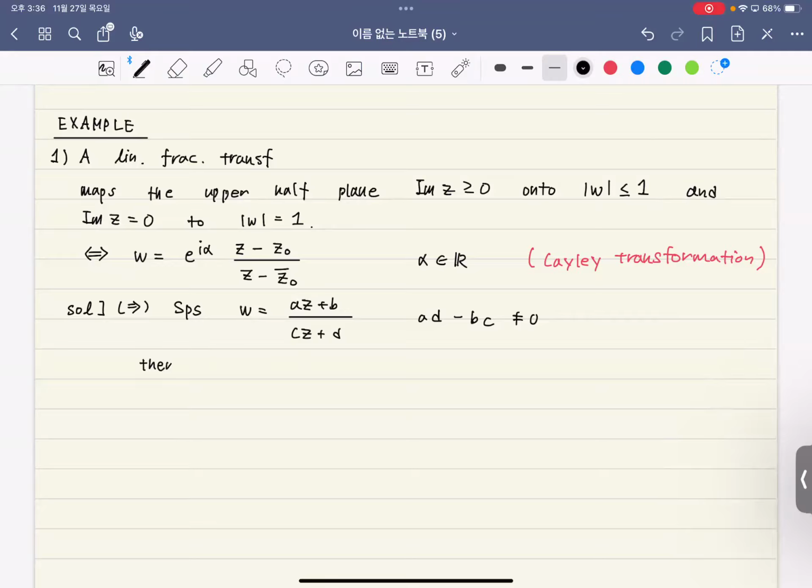Okay. Then in this case, we're going to consider three different points from the z-plane: when z equals 0, when z equals 1, and z equals infinity. These 3 points lie on the boundary of the upper half plane. And because of our assumption, the images of all these 3 points must have modulus 1, right?